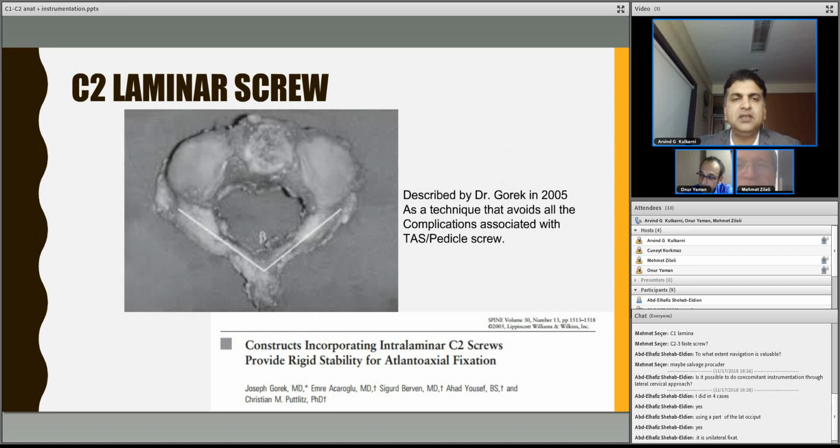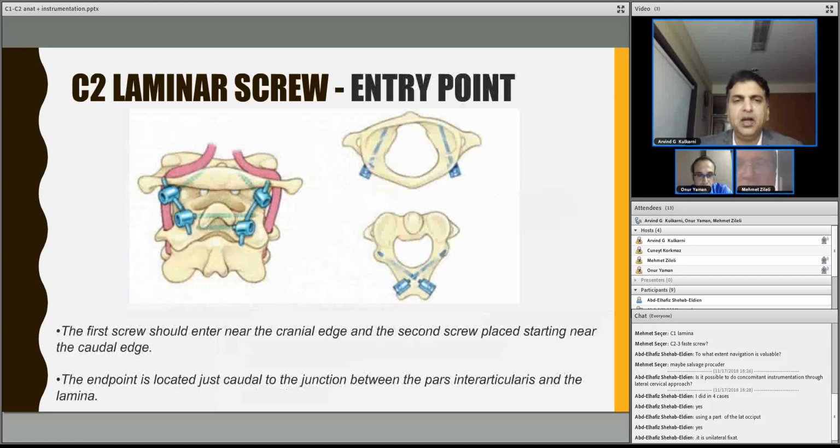Then comes the C2 laminar screw. This goes from one side, the ipsilateral side, to the contralateral side. You insert one screw from each side, and this can be connected to the C1 lateral mass screw. It was described by Gorek and Wright almost at the same time. This is more of a bailout mechanism.